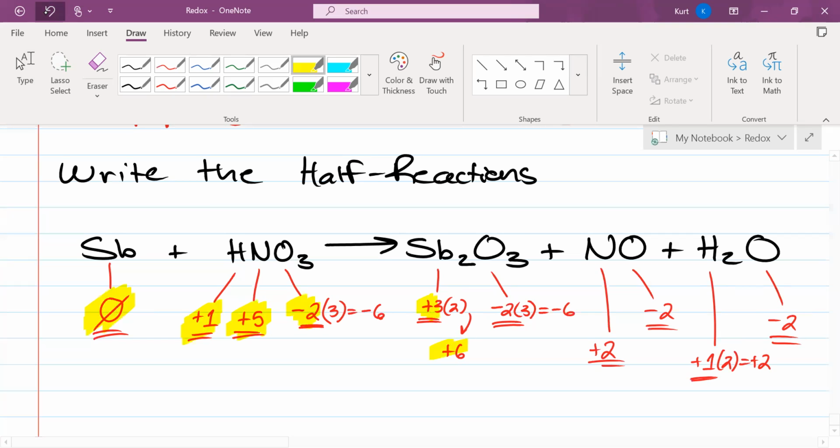All right, there are my oxidation numbers. See if yours match up.